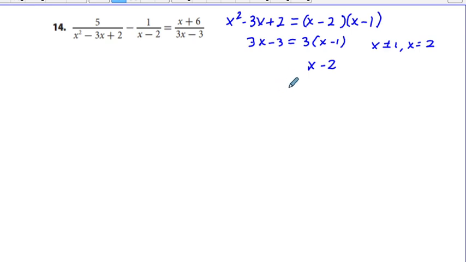So our least common denominator, looking at all these together, we have this number 3 we have to account for. So we have 3, and then we have x minus 2 and x minus 1. That's going to pick up all of our denominators. If we multiply by this least common denominator, we're going to clear out everything in our denominators and just have a problem we can solve.